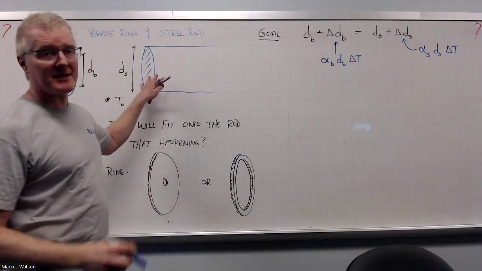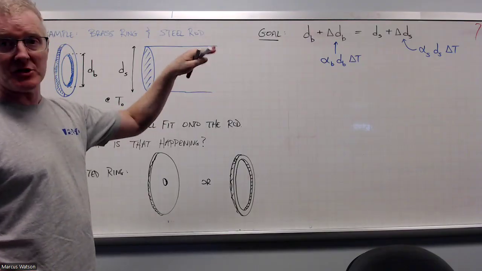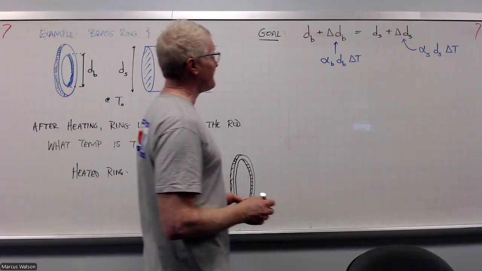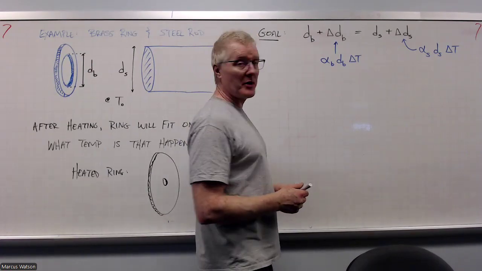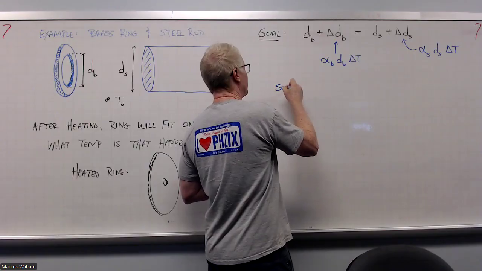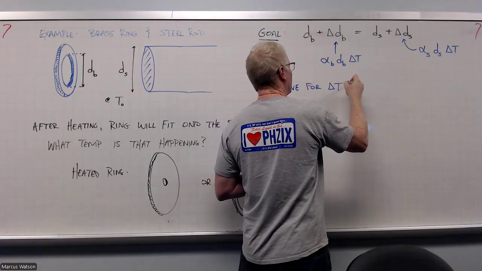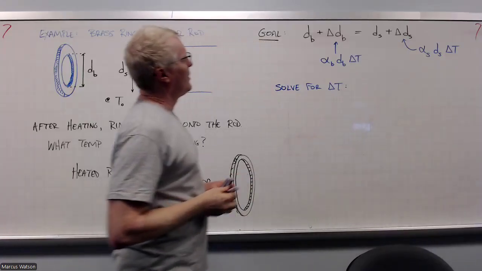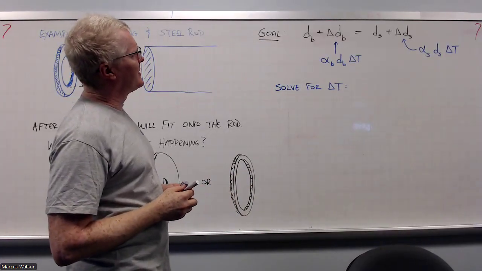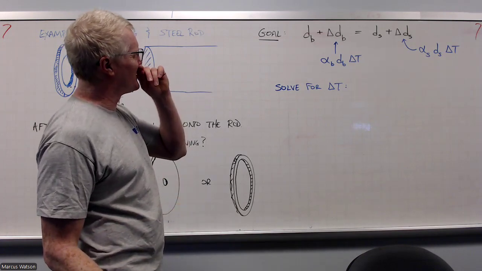Okay, because they started at the same temperature, they're going to end at the same temperature. So those delta T's should be the same. Therefore, if I'm trying to solve for that delta T, what do I need to do here? I need to take 1 over to the other side and do things like that.